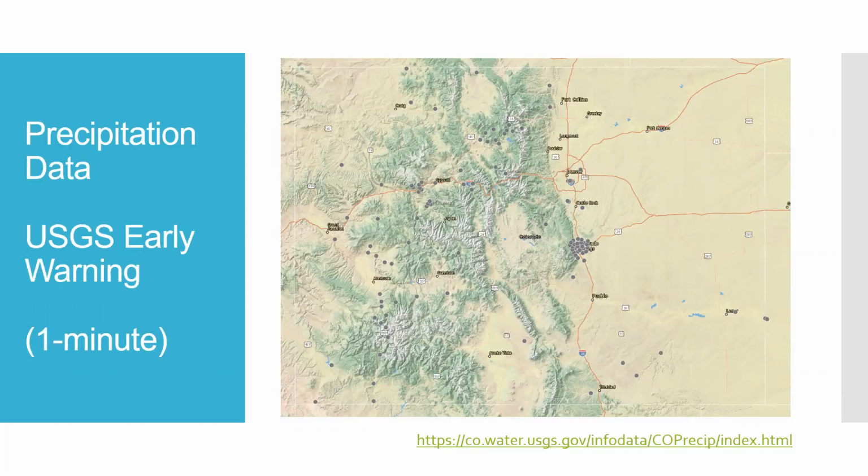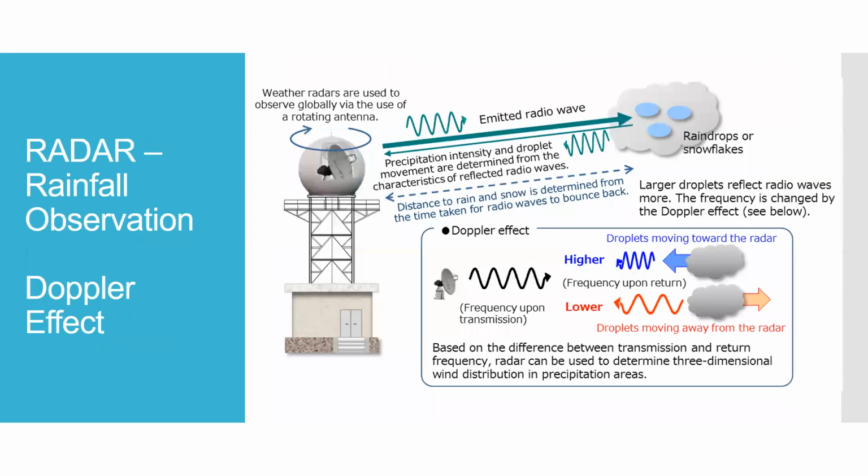All right, so we can measure rainfall on the ground. It's pretty good, but as you can see, this network is really sparse. So we can also use radar to fill in the gaps. You've seen radar weather stations when you turn on the news and look at the weather. It works by essentially bouncing radio waves off of water droplets, and we can track where the storms are going.